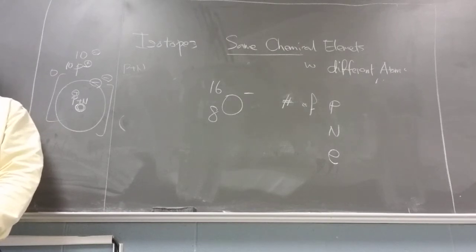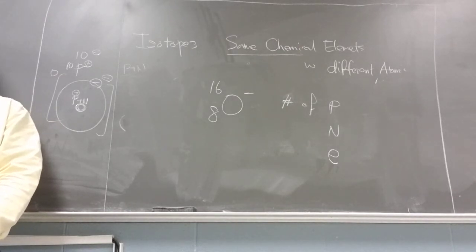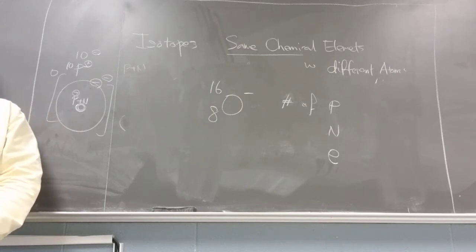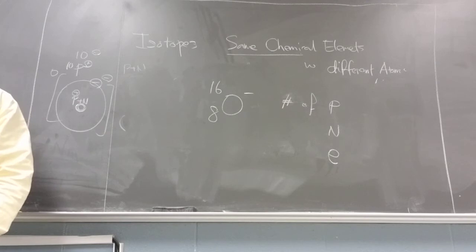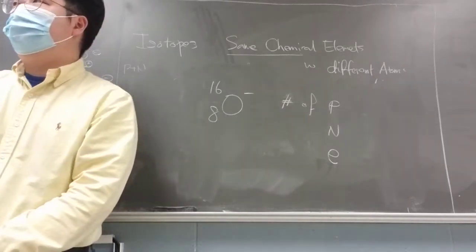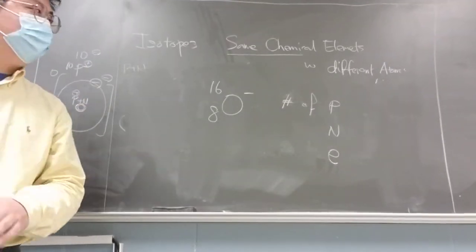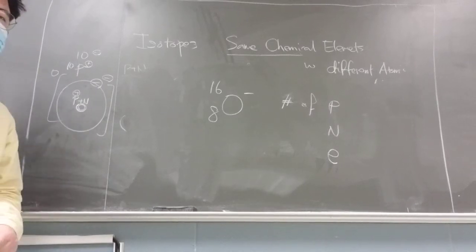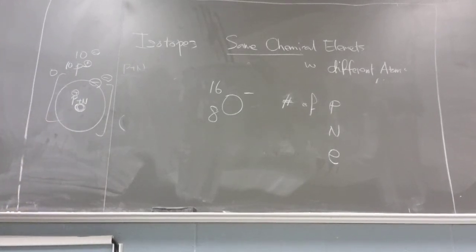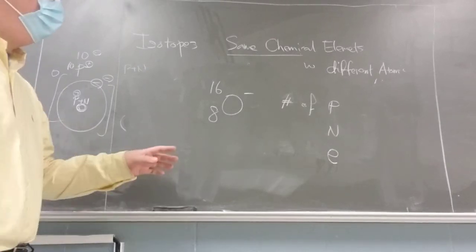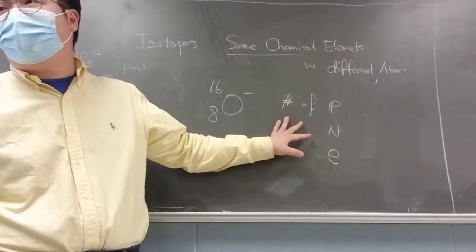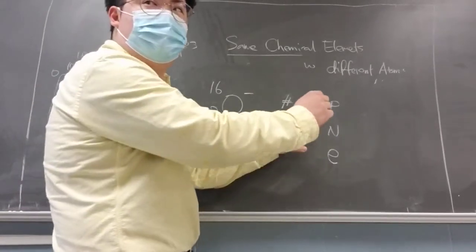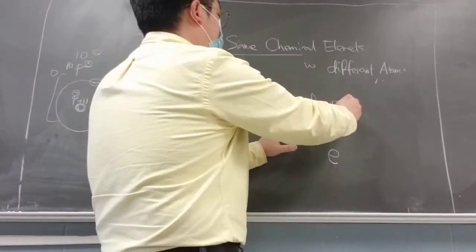I will start with the number of protons and the atomic mass number, and then the number of electrons at the end. Okay, so what might be the number of protons here? Anyone? 8. Perfect.